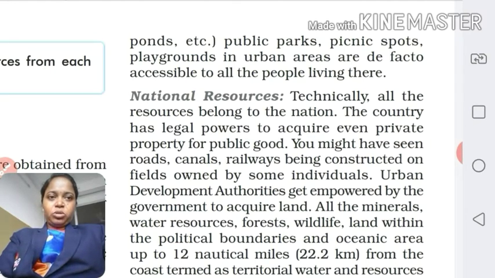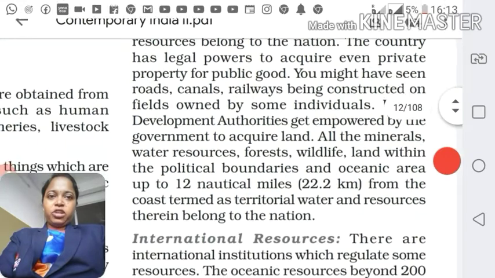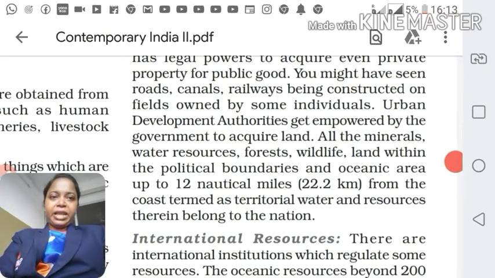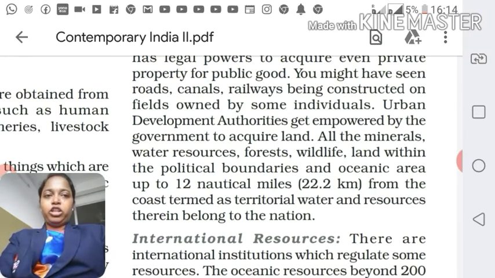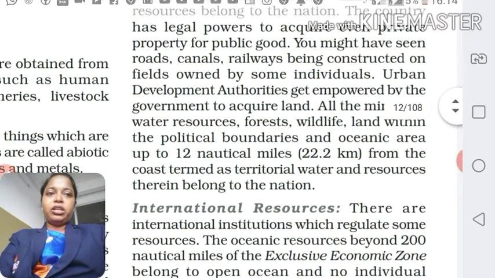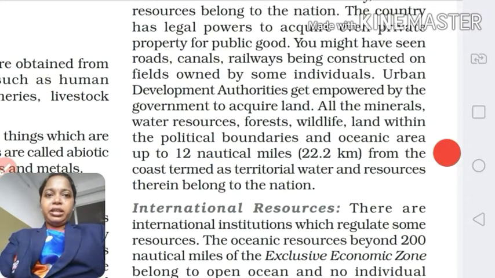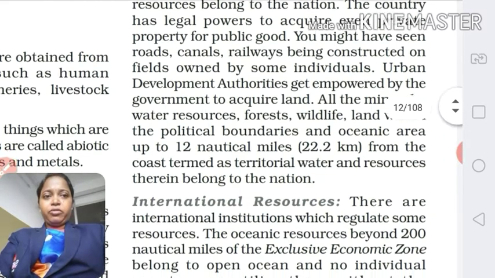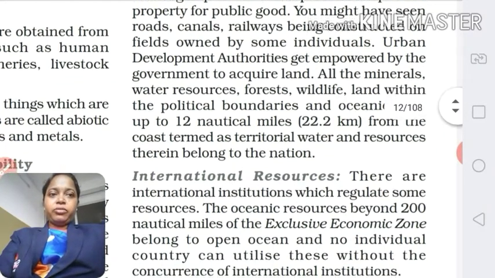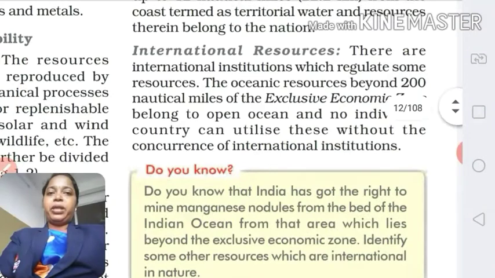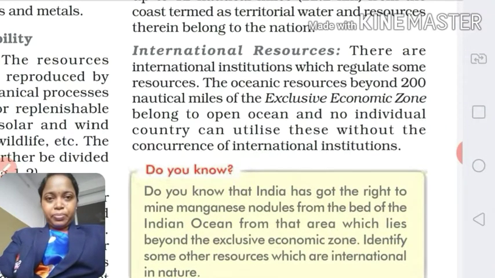All the minerals, water resources, forests, wildlife, and land within the political boundaries, and the oceanic area up to 12 nautical miles, equivalent to 22.2 kilometers from the coast, termed as territorial water, and the resources therein belong to the nation. So the nation can work on these areas whenever required for the benefit of the public.